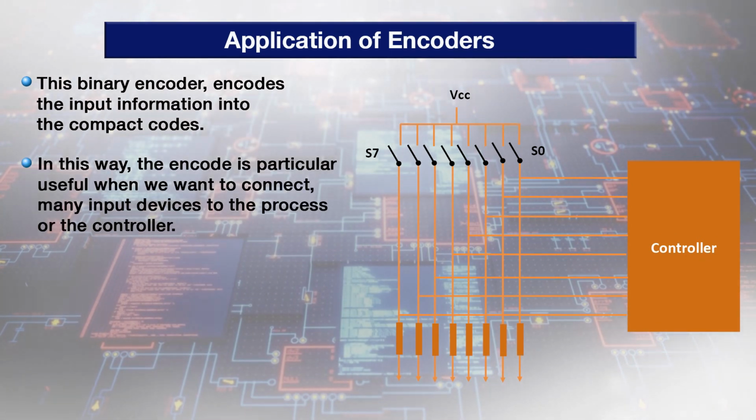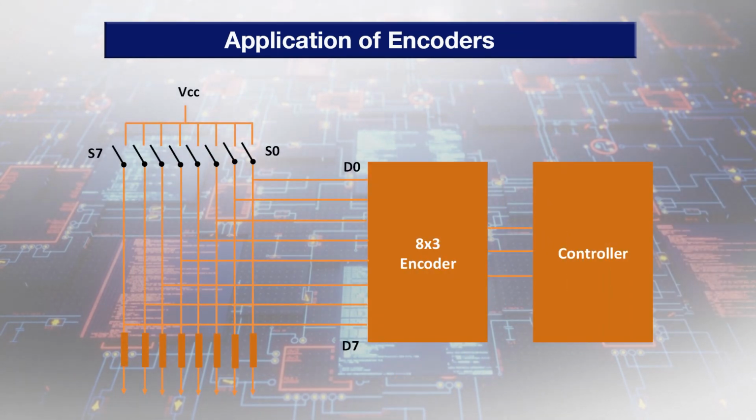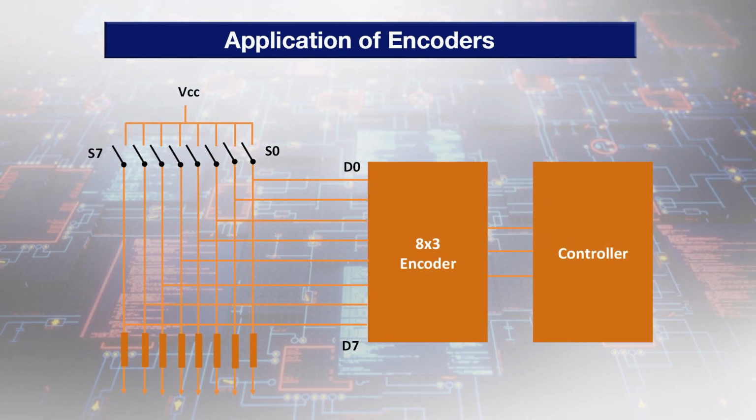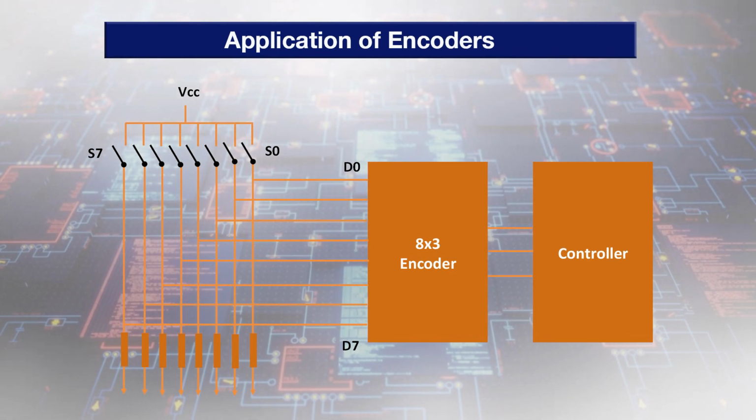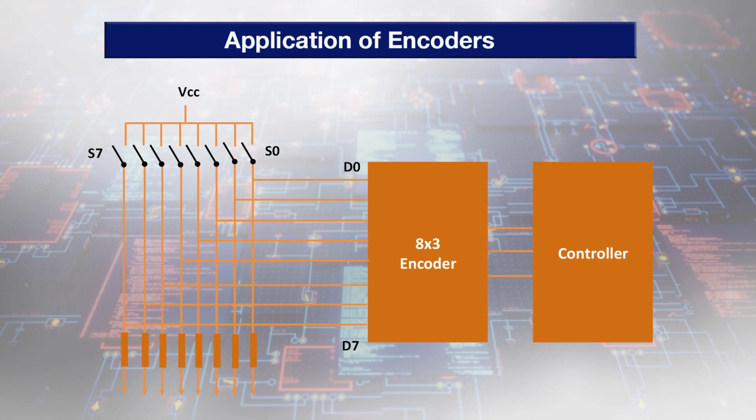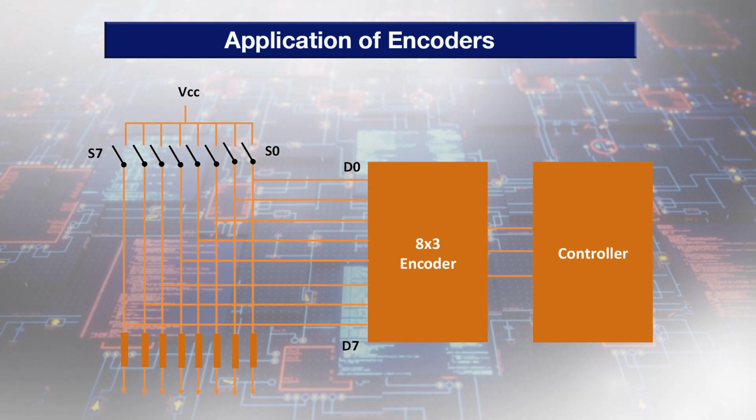In this way, the encoder is particularly useful when we want to connect many input devices to the processor or the controller. For example, let us say you want to connect 8 switches to the controller. Let us say each key represents a specific symbol or specific action, for example, when we are designing gaming pads for some applications.